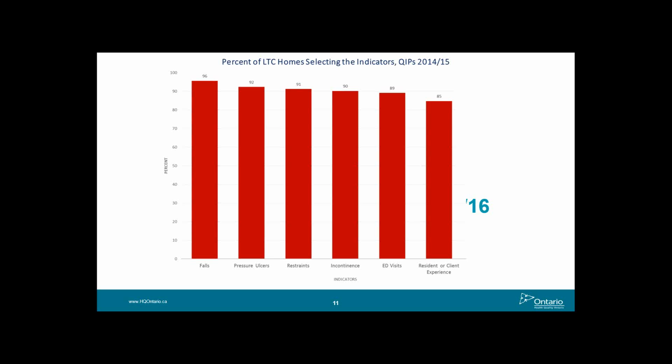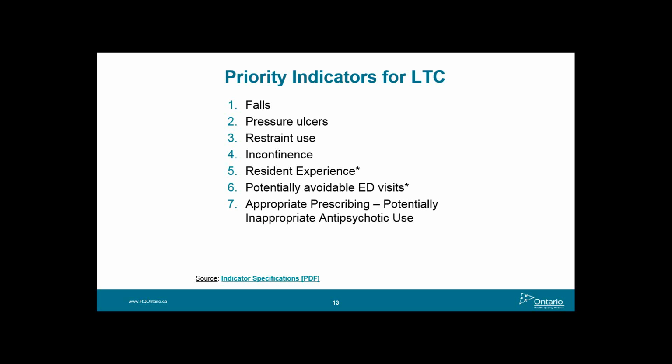And then new this year is the appropriate prescribing, potentially inappropriate antipsychotic use. So there are 7 priority indicators for the long-term care sector, and all of these are available in the indicator specification document, and that's available on the Navigator website or on the Ministry of Health website. And we'll show you where to be able to access those documents in just a few minutes.